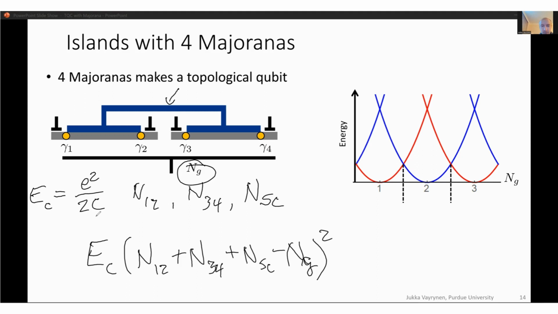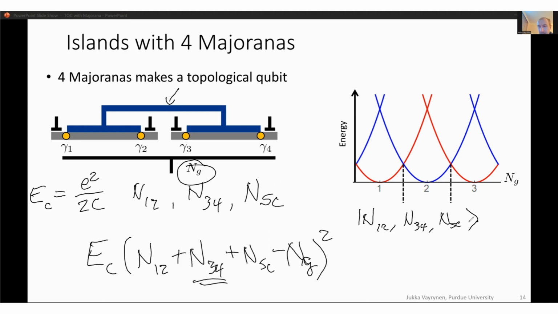Okay, so now we can do the same exercise as before. So you can find out what the states are. Now we have this additional label N34, so we need to label the states N12, N34, NSC.